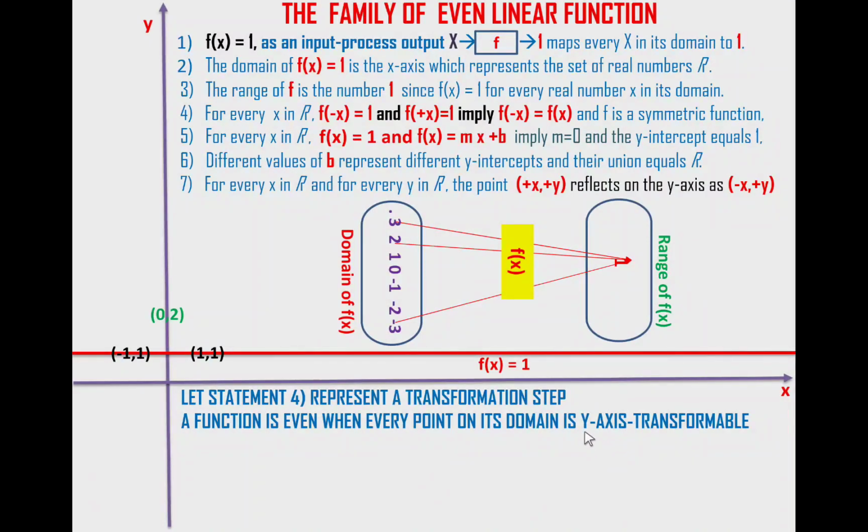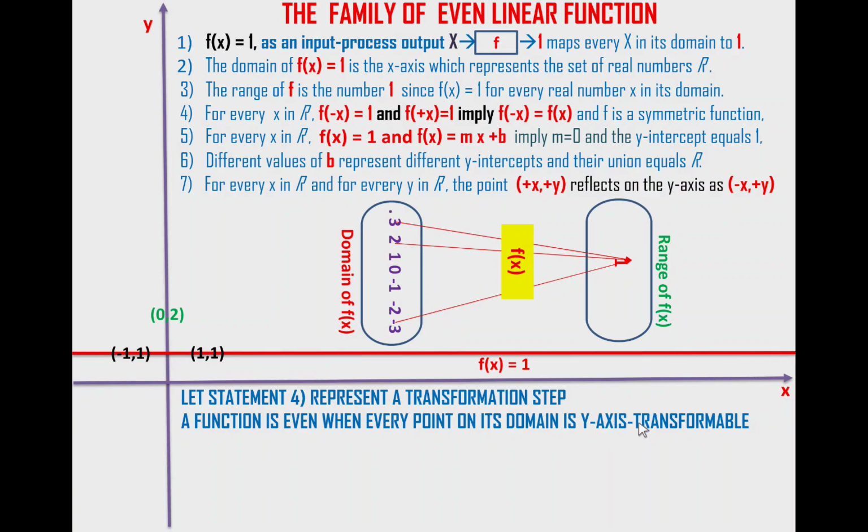And we just discussed the fact that if every point in a domain is y-axis transformable, then the function is symmetric. So we're saying over here a function is even when it is symmetric around the y-axis.